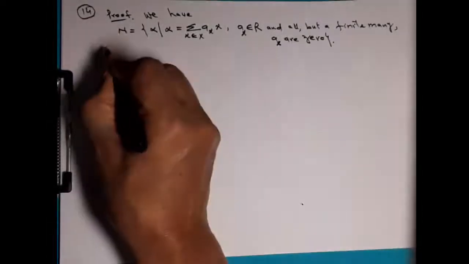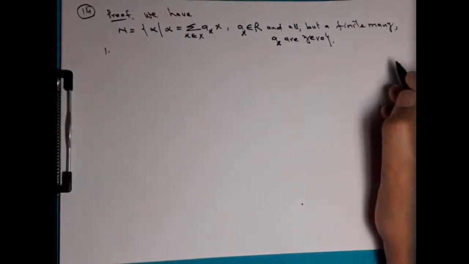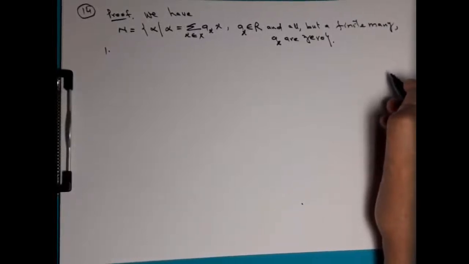In order to prove that N is a submodule of M, we have three conditions. Number one, we shall prove that N is non-empty. Secondly, N is closed under addition. And thirdly, N is closed under scalar multiplication.